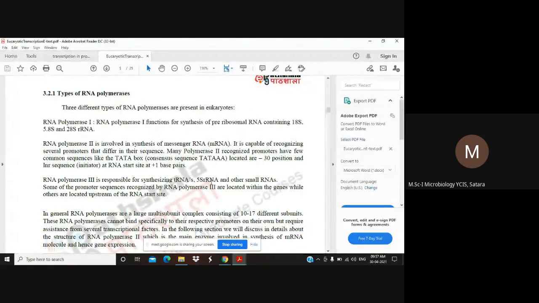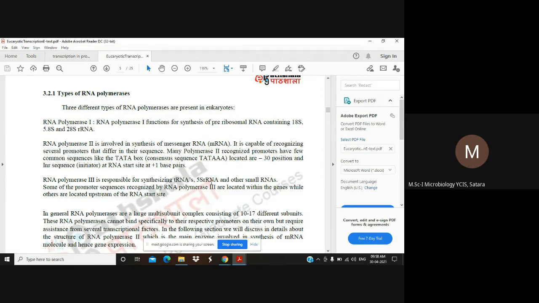RNA polymerase 2 काय synthesize करतोय, mRNA. And RNA polymerase 3 synthesizes tRNA, 5S rRNA and small RNA. So this is about the molecules synthesized by RNA polymerase 1, 2, 3.